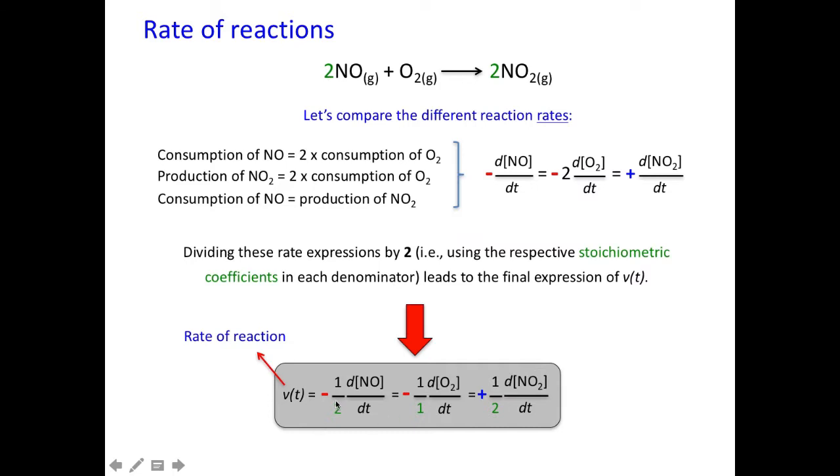What we see here is that the green numbers are just the same as here: 2, 1, which is not shown for oxygen, and 2. So there's a way to express the reaction rates. In all cases, reaction rates are positive quantities, and they show a relationship between production rates and consumption rates.